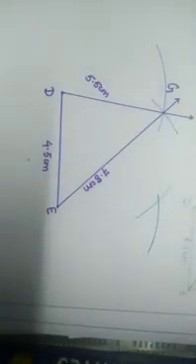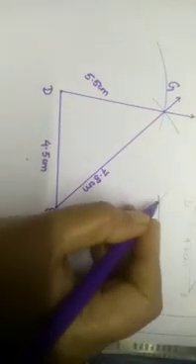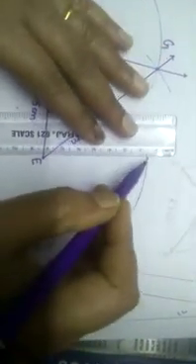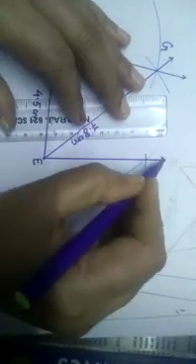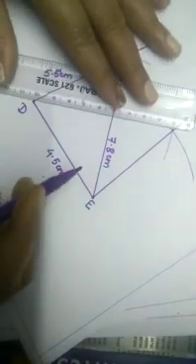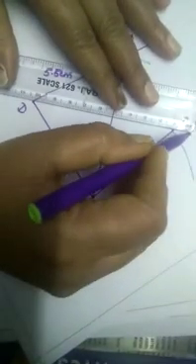Okay, now where we get the intersection point, there we will put a dot, and join from E towards that dot and draw one ray. Then from D also join the point of intersection and draw a ray. This point of intersection is our point F.